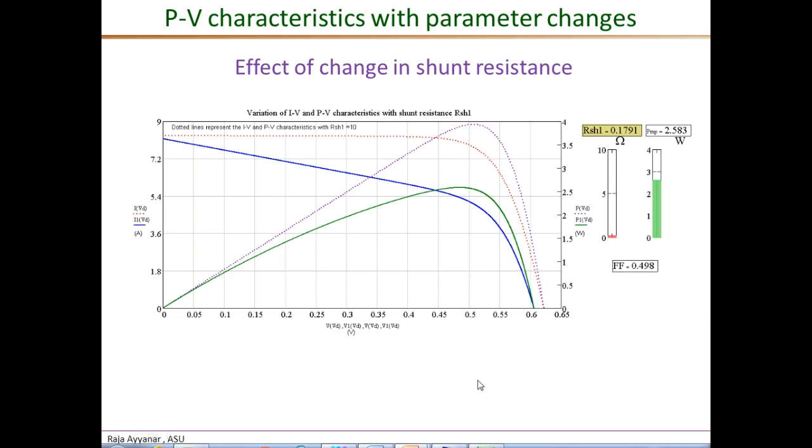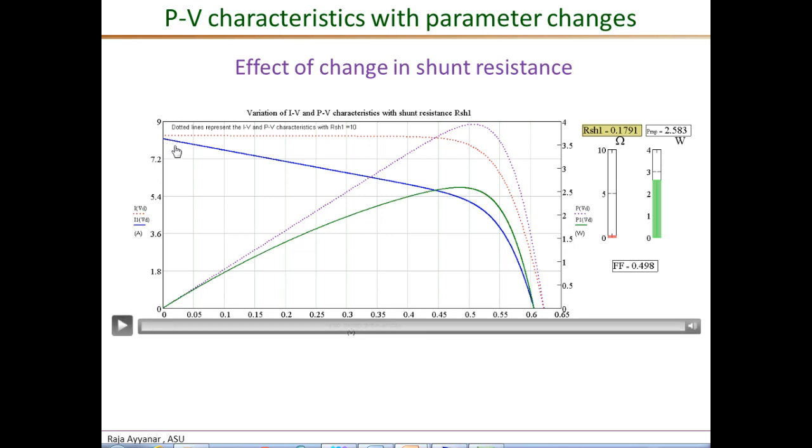So the main point is that the lower the value of shunt resistance, the lower is the maximum power, and the lower is the energy captured for a given irradiance level. And one effective way to determine the shunt resistance from the IV plots is to look at the slope of the current versus voltage curve near the short circuit current region.